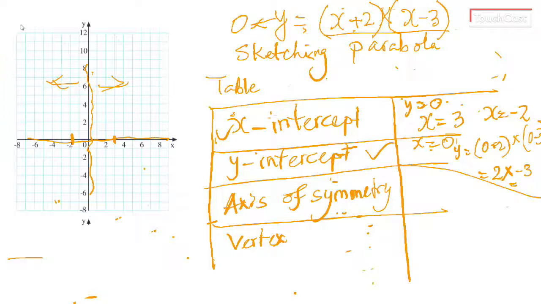Well, you've got to be very careful with the integers. 2 times negative 3 will give you negative 6. So one other thing we know, the y-intercept will be somewhere over there. We have 3 points now, right?